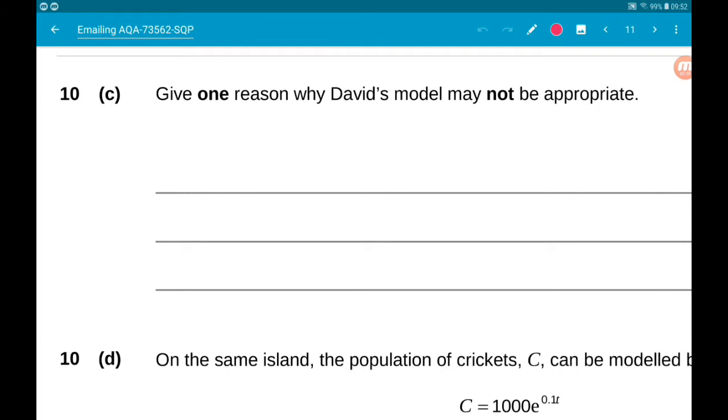And the other thing is that there is no cap or no limit to the model. So by the model, the population of rabbits is going to keep on growing indefinitely, which can't be true. So either one of those 2 and you would be golden.